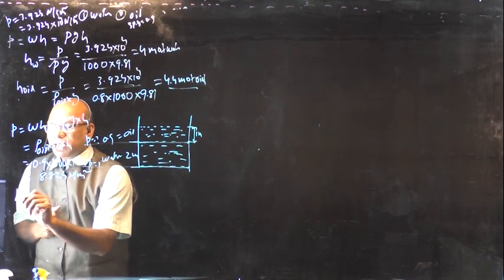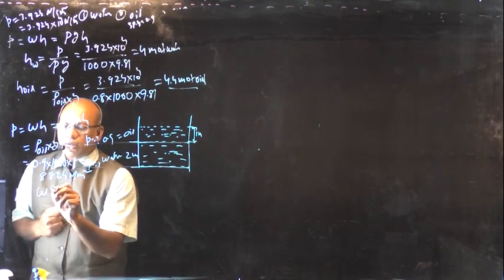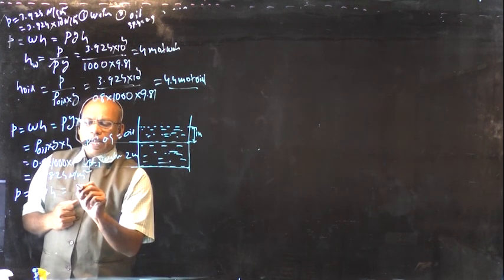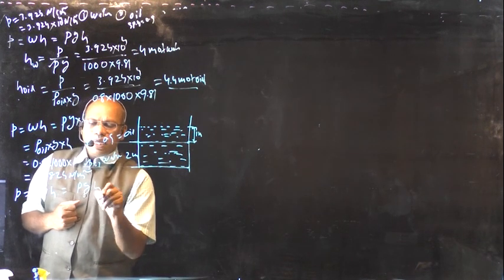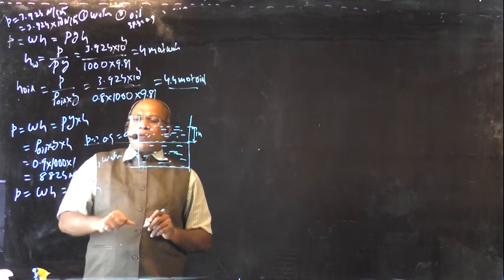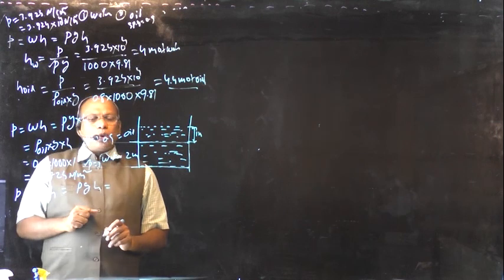Here also same standard formula, pressure intensity is equal to WH. This is also written as rho GH. Here we are going to determine the pressure intensity at the bottom. That means two liquids.